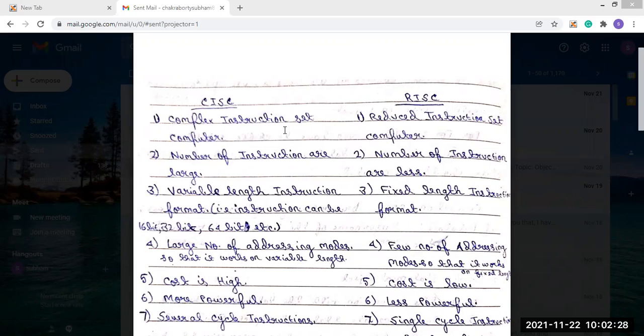But for RISC, the length of the instruction format is fixed.